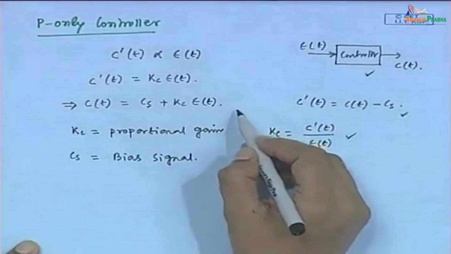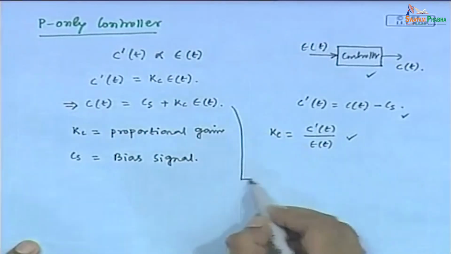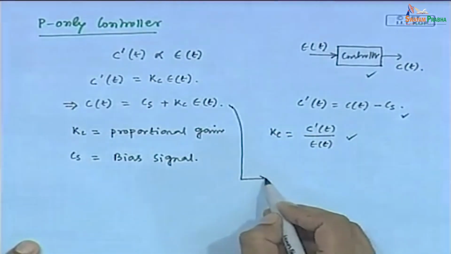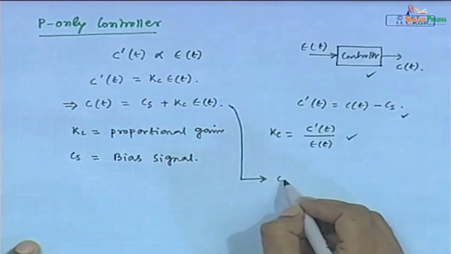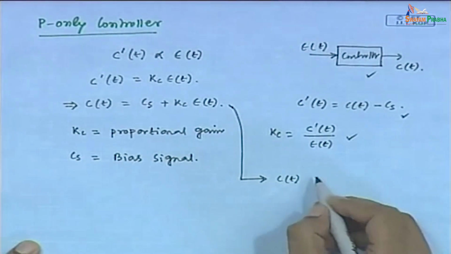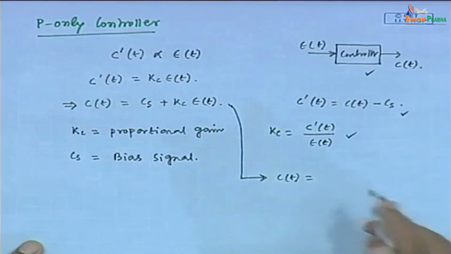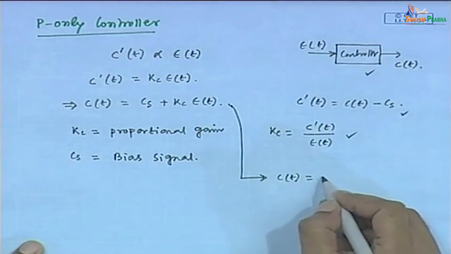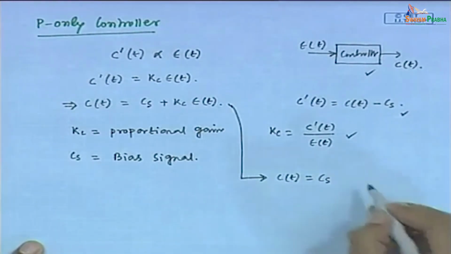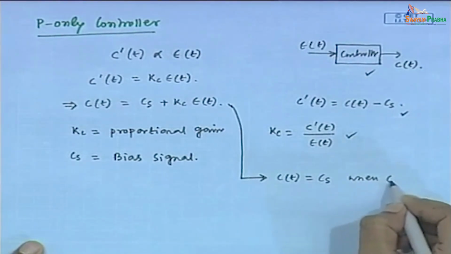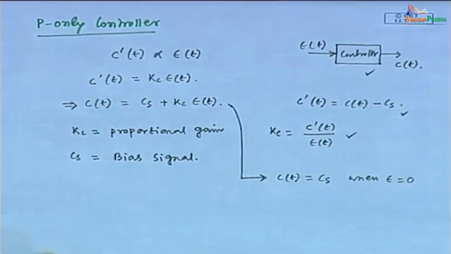If you see this equation, we can write that Ct is equal to Cs when the error is 0.